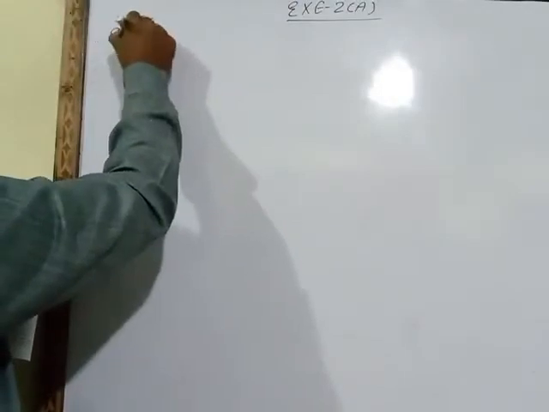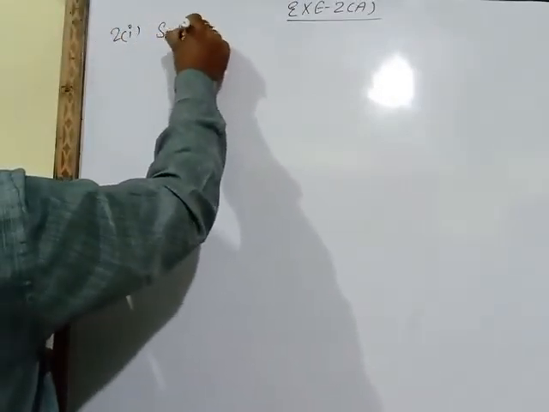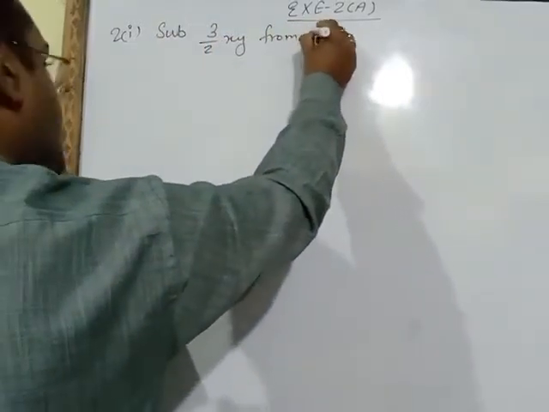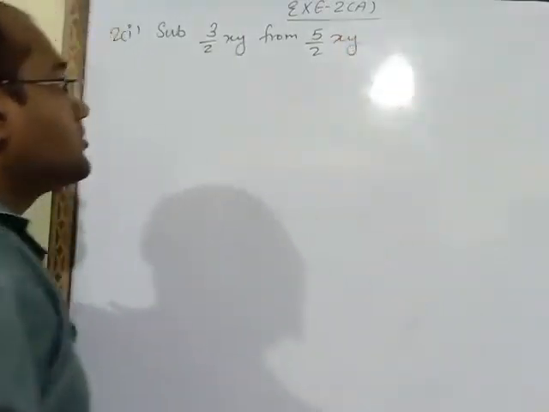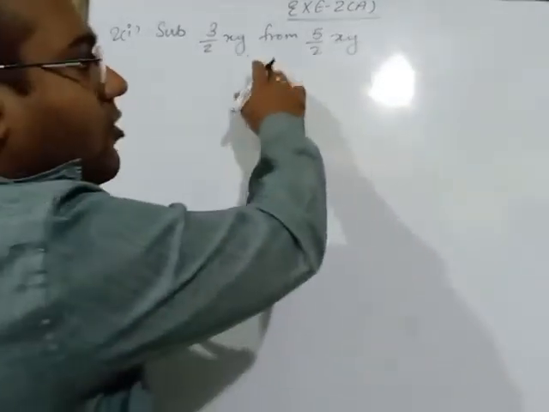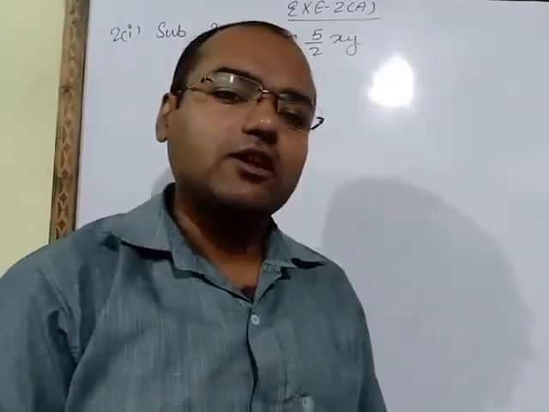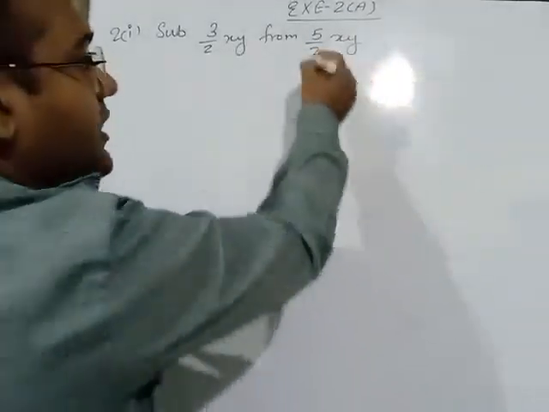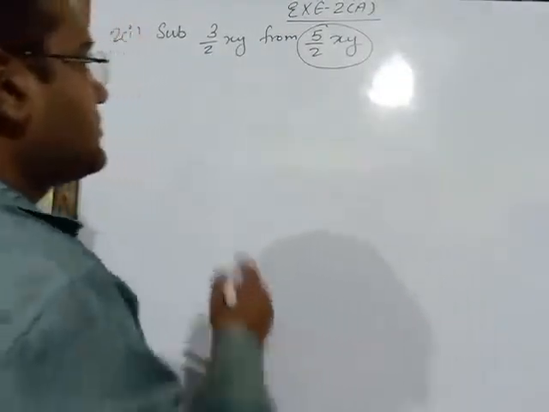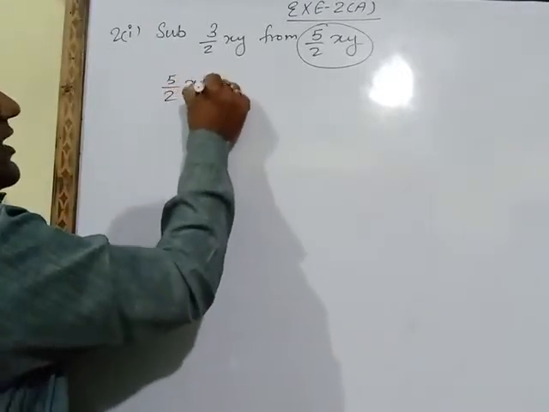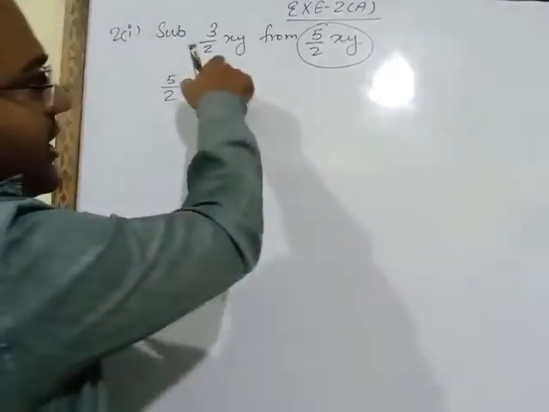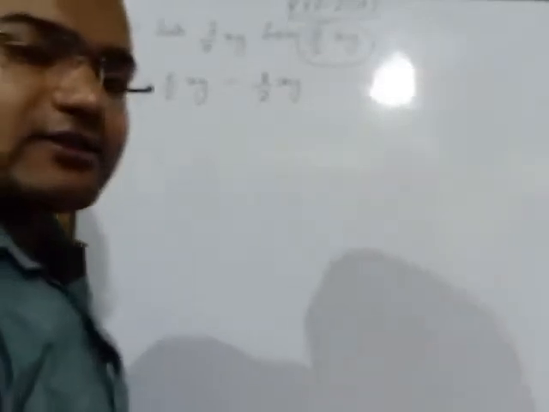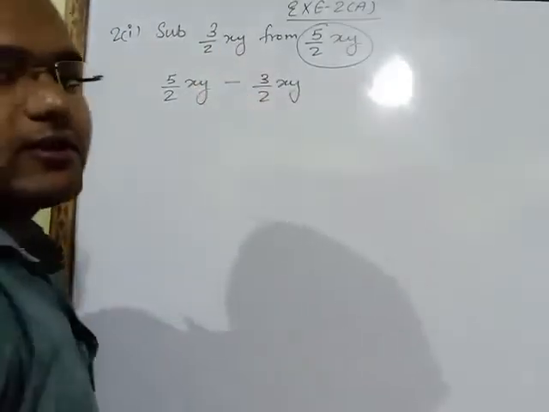First part: we have to subtract 3 upon 2xy from 5 upon 2xy. In subtraction the rule is: the number which is written after 'from', we have to write first, that is 5 upon 2xy. And this starting number we have to write afterward, and between these two things we put a minus sign. Why do we put a minus sign? Because we have to subtract these two things.